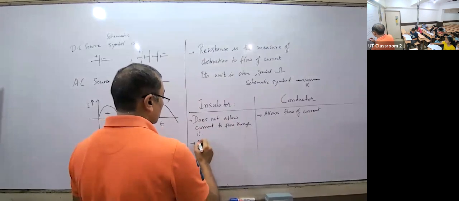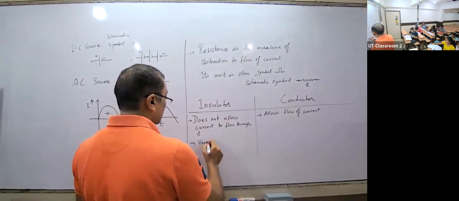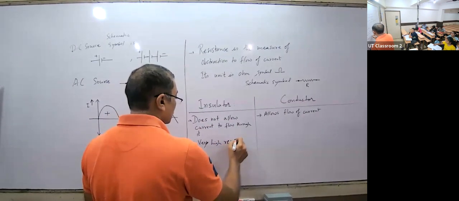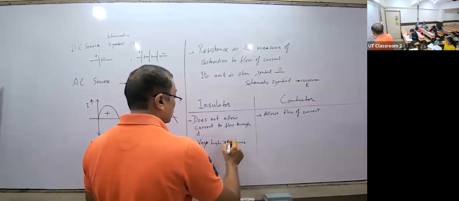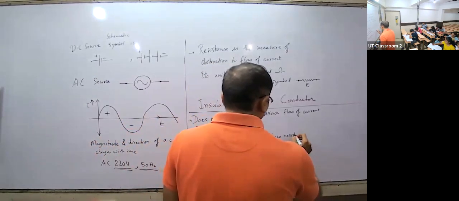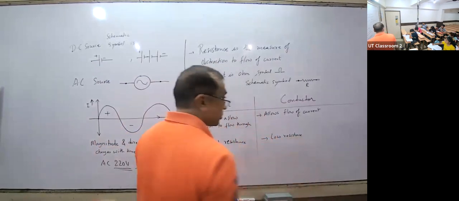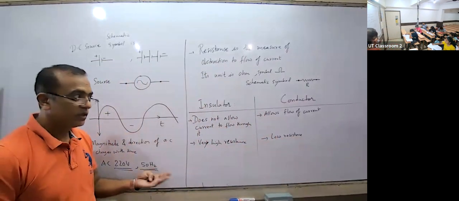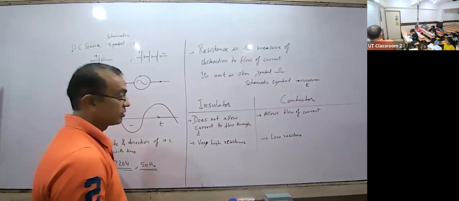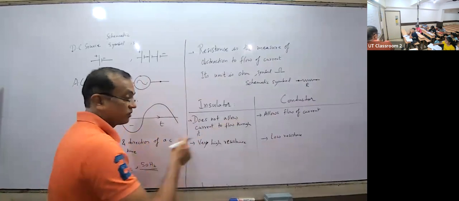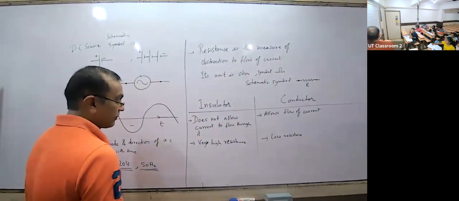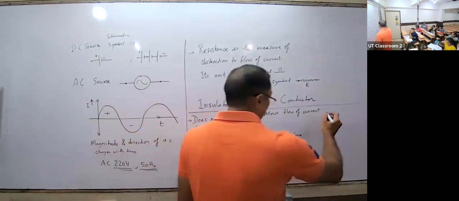So very high resistance. Low resistance. So resistance, literally also, to resist something is to oppose it. Okay. So resistance is in terms of flow of current. So conductors will easily allow the current to flow through it.